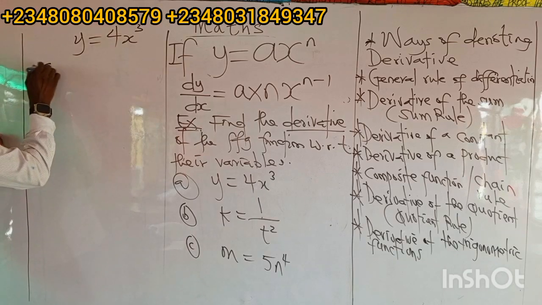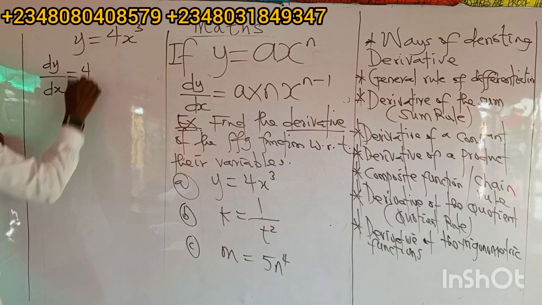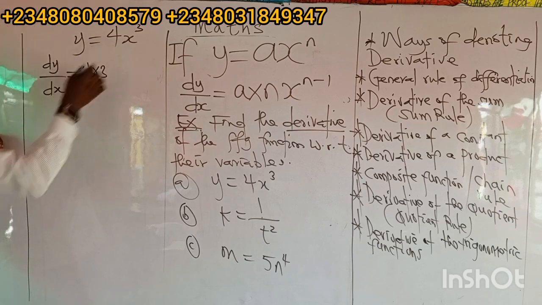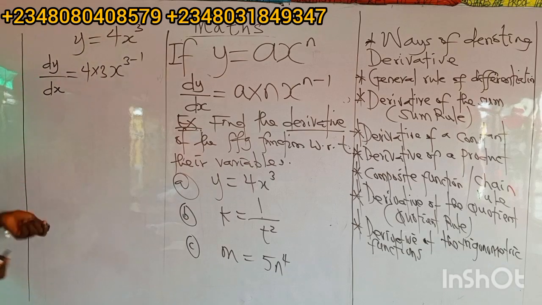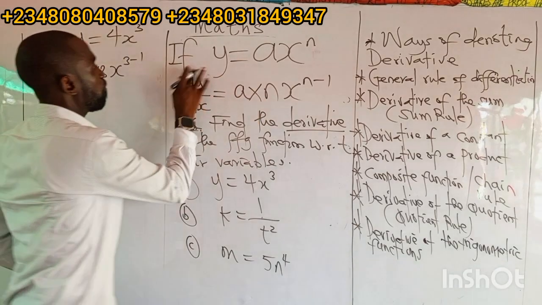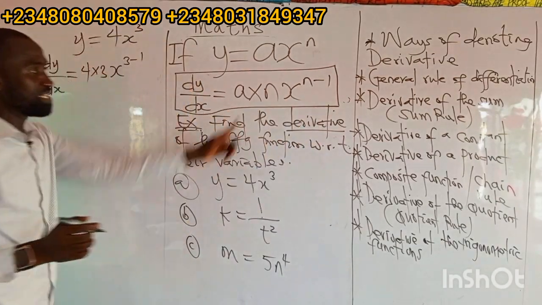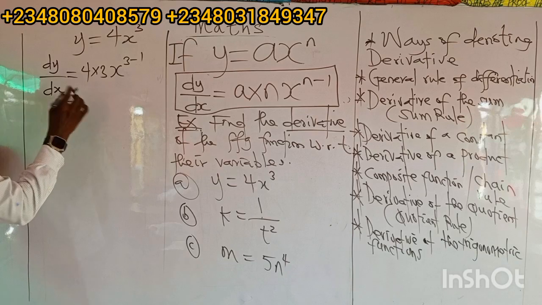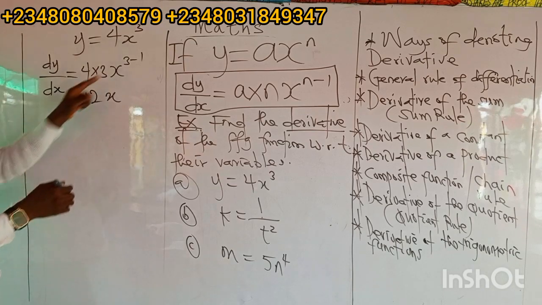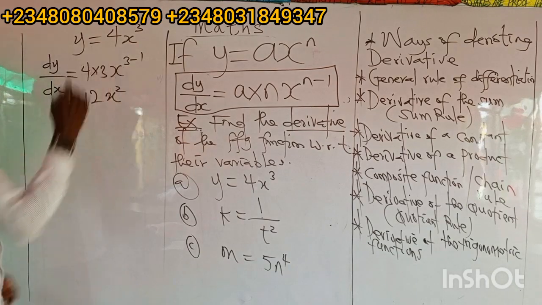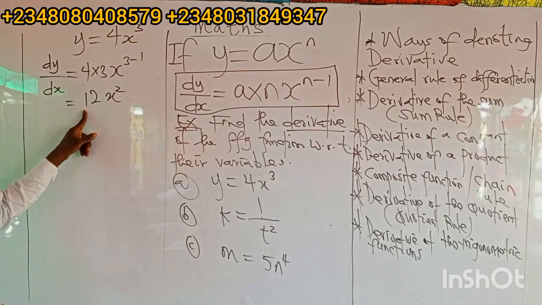So our dy/dx is equal to 4 times 3, and x is to the power 3 minus 1. Look at the formula here. I'm following this formula, that's the general rule. So 4 times 3 becomes 12, and we have x raised to power 3 minus 1, that is 2. So the derivative of this function is 12x squared.